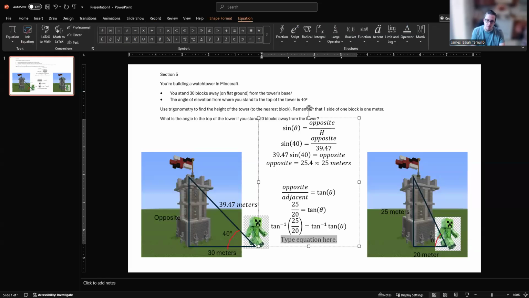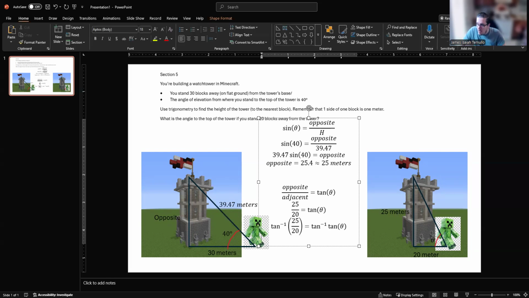It gets a little hairy when you start putting on a lot of equations like this. So if we plug this into our calculator, we have 25 divided by 20. That gives us 1.25. And then we want to know, you may see the inverse tangent button, but there's also the cotangent button.